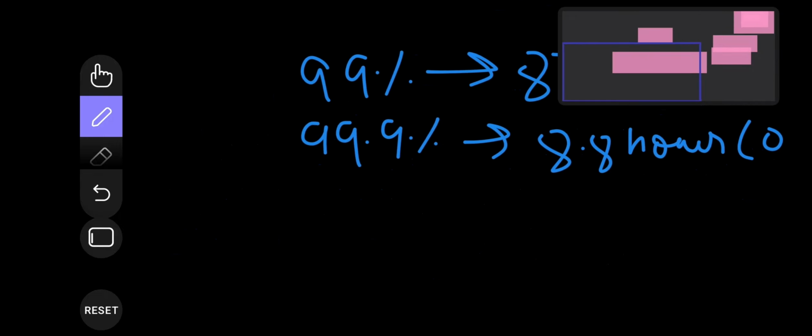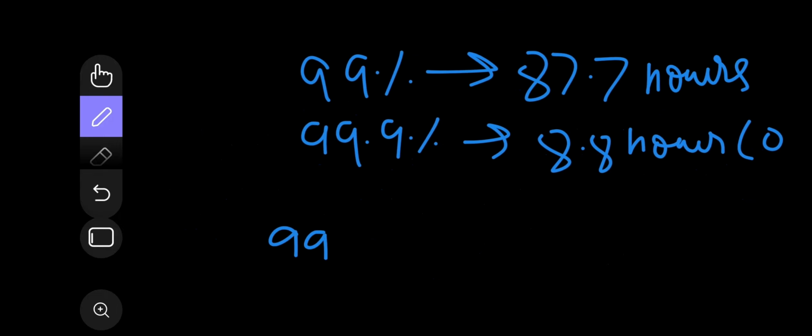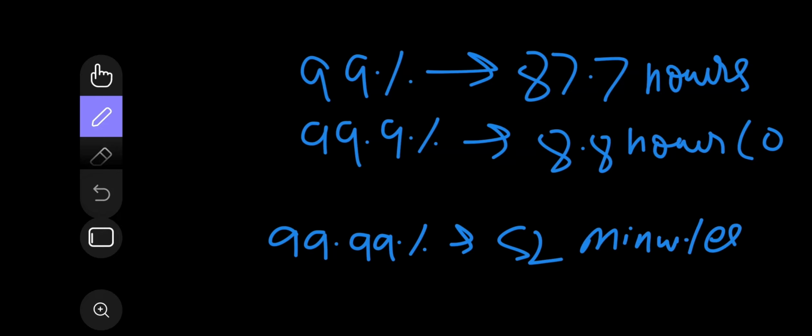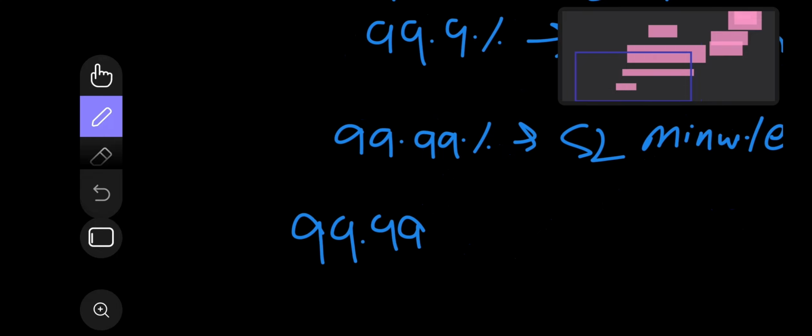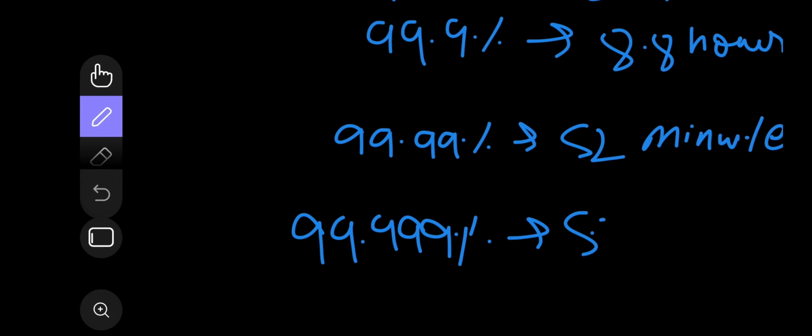And let's say you have a system with availability of 99.99%. This will give you a downtime of let's say 52 minutes. Similarly, if you have 99.999%, it would give you a downtime of 5.3 minutes.